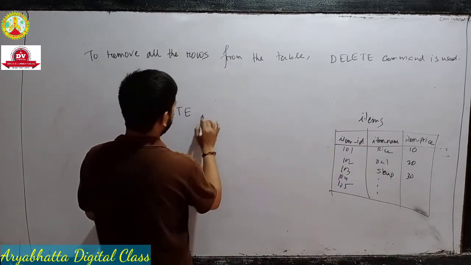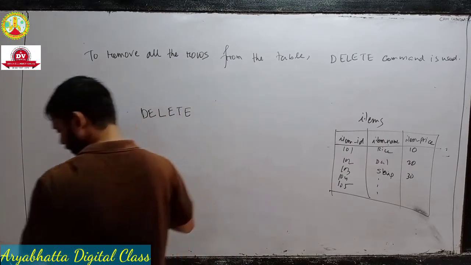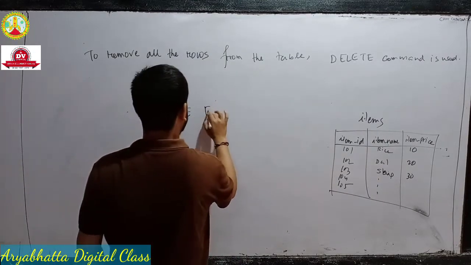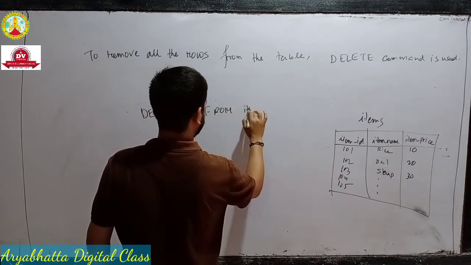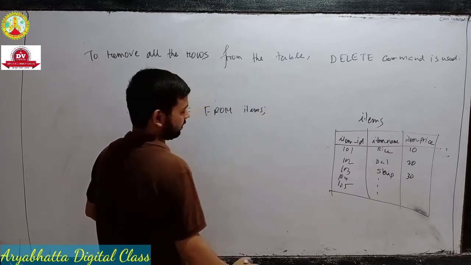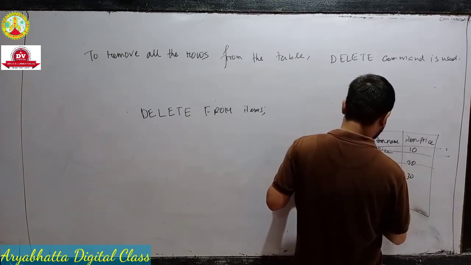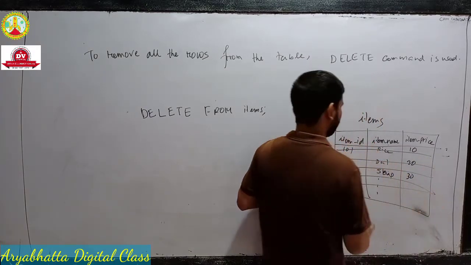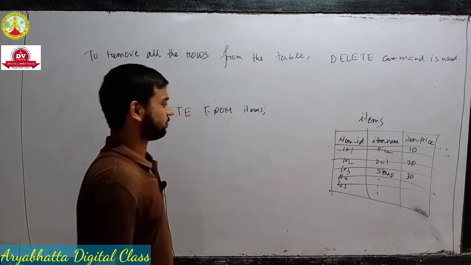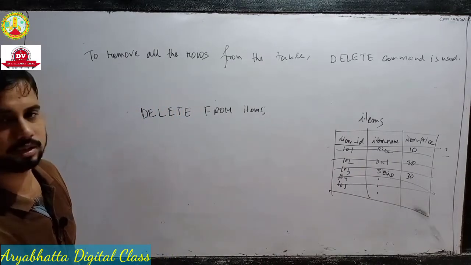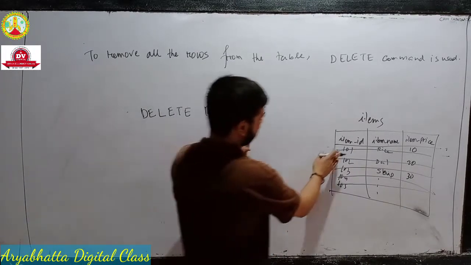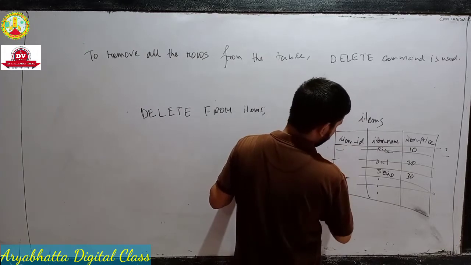Delete from items. You first of all delete items, meaning you delete all the rows, all the items. Now your table is empty, all the items are gone. Your table is fully empty.